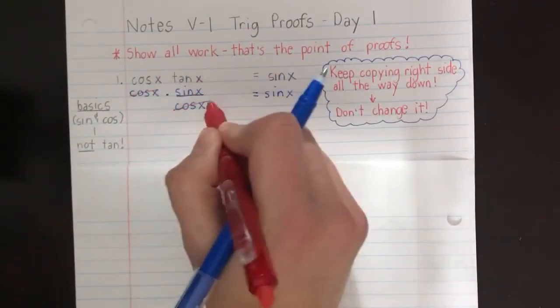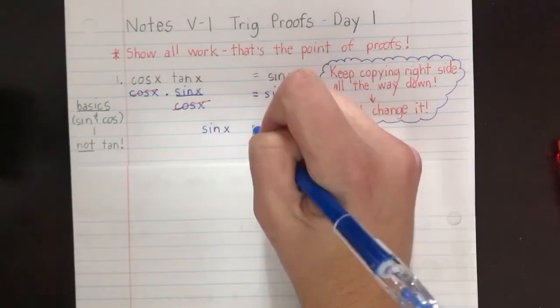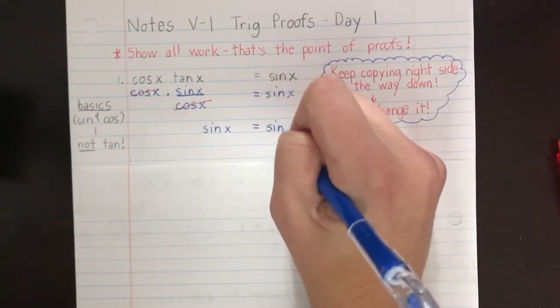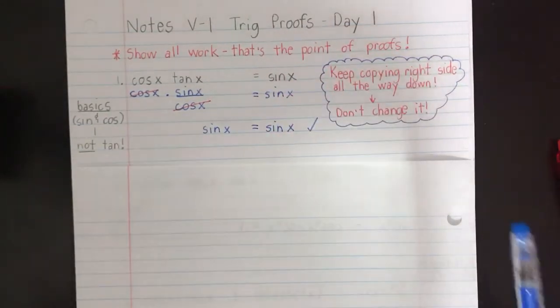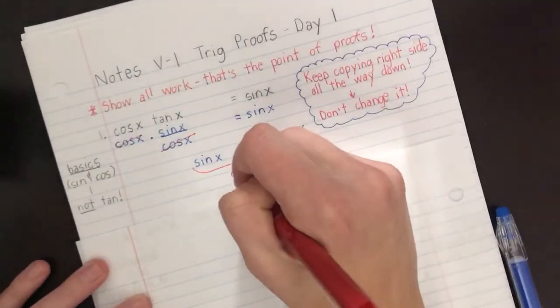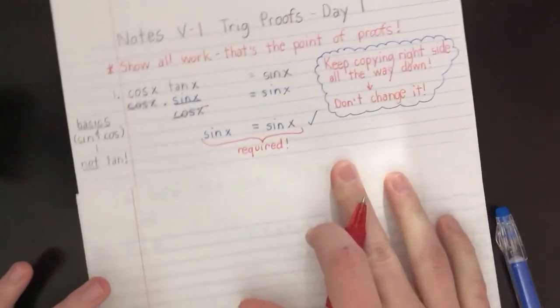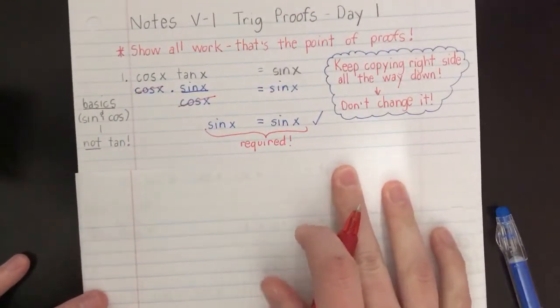Your cosine and cosine simplify, so then you get sine of x equals sine of x. So check and check. Of course, that's correct. This part right here is required. Your final answer should look like the left side equals the right side. That's how proofs should look.